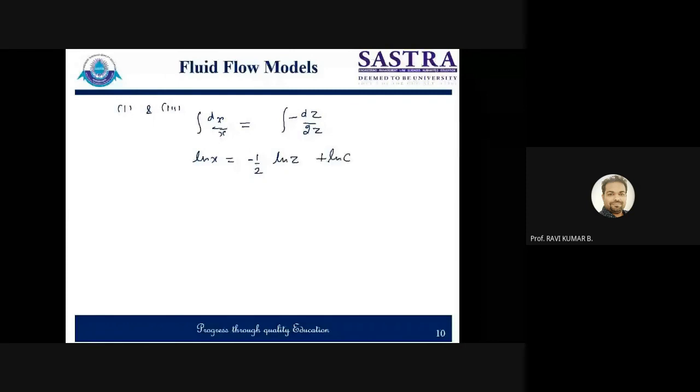So if you are bringing this here, this will become 1 by 2 ln of z is equal to ln of c. So 1 by 2 you bring over here, so ln z to the power 1 by 2. Alright. Then you multiply here inside, so you can write ln of x into z to the power 1 by 2 is equal to ln of c. This is c2 because it is the second constant. So from here you can say x into z to the power 1 by 2 is equal to a constant.